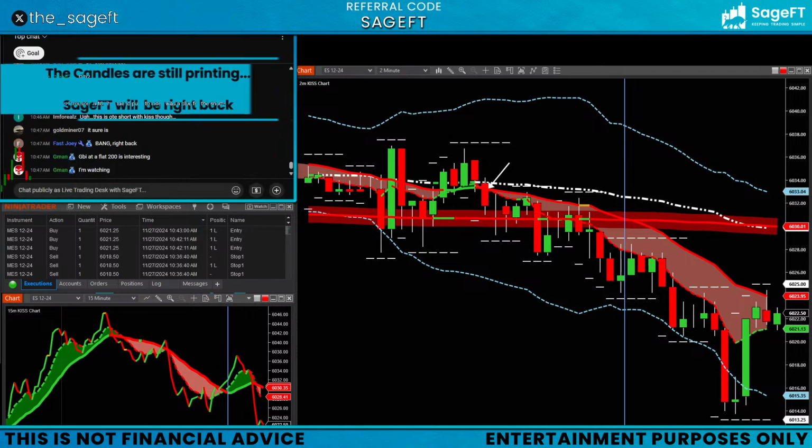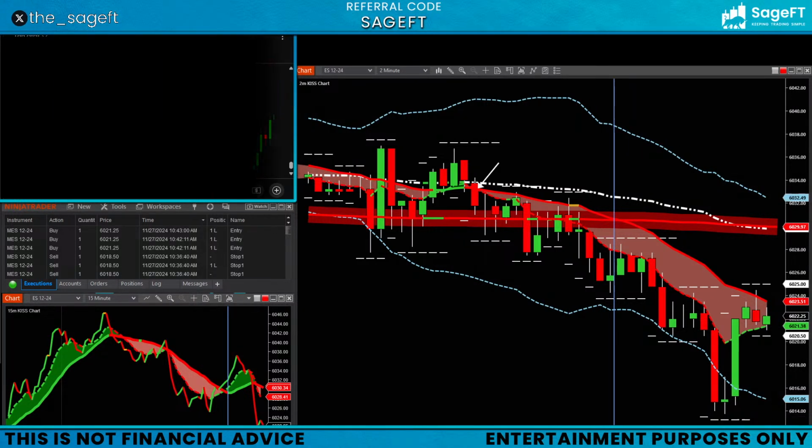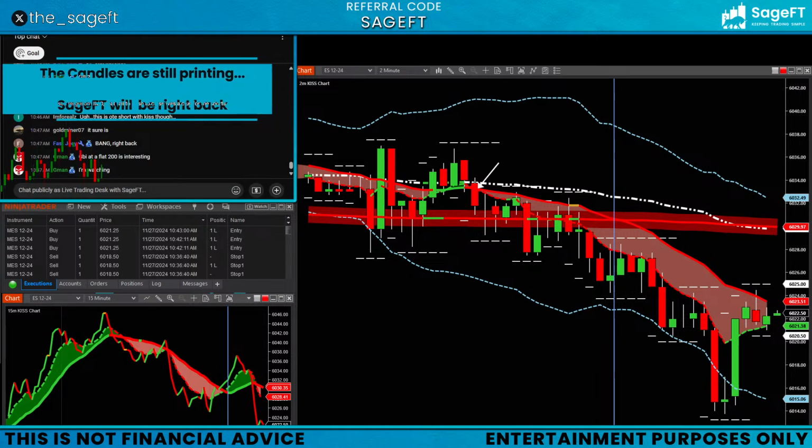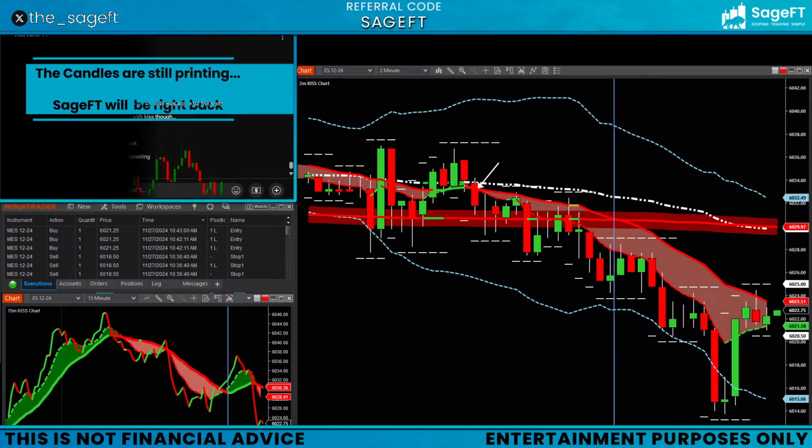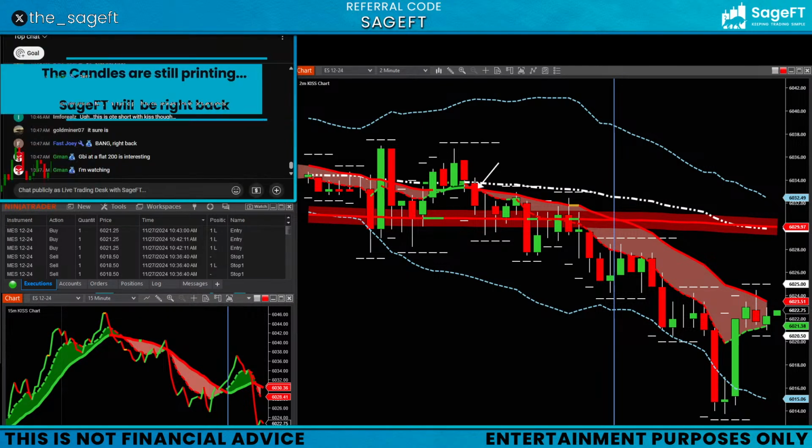You had an increase in volume on the 15-minute tail bar. Well, let's see which way it goes from here. It had a higher volume than the opening bar.